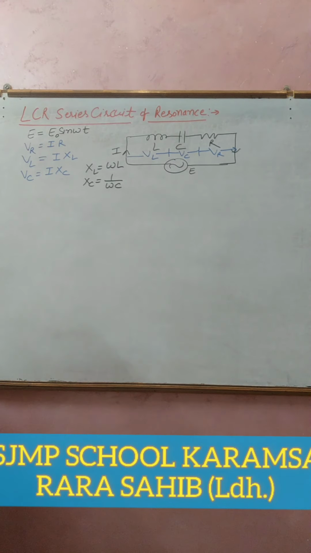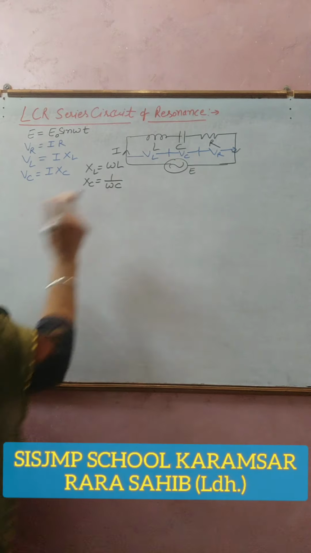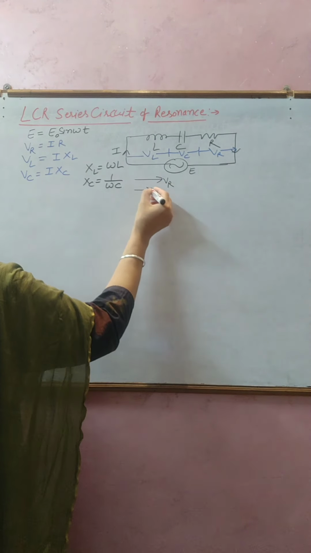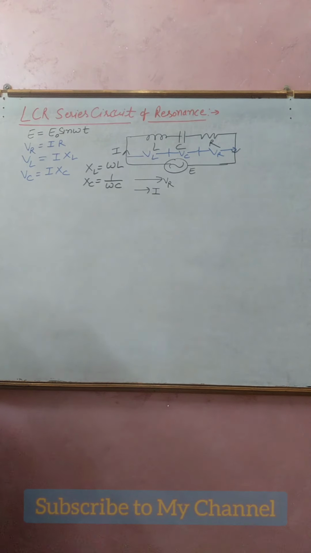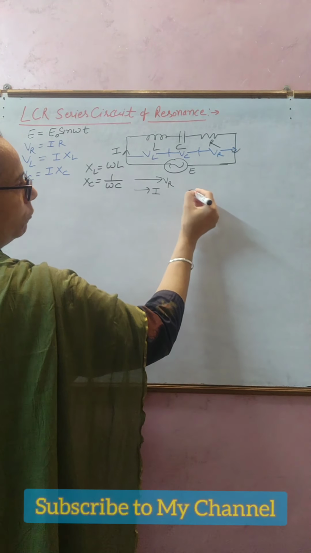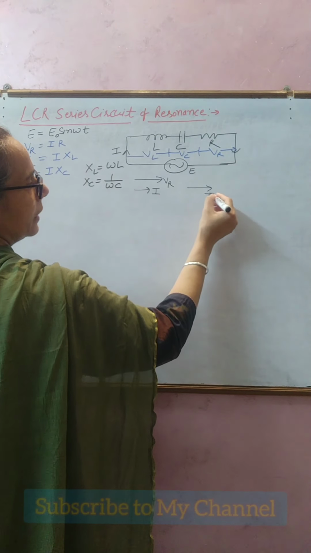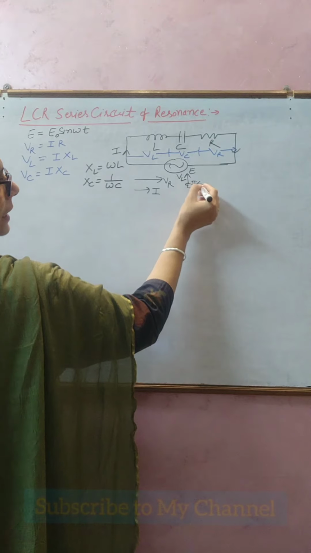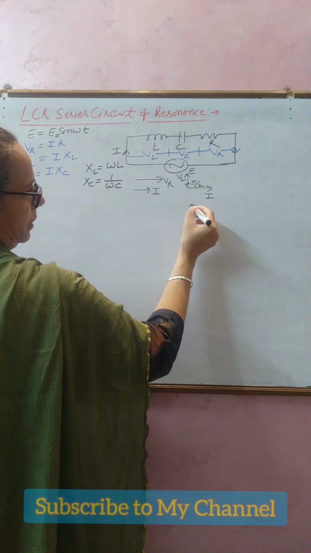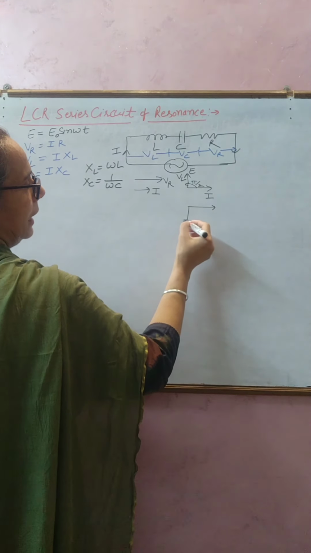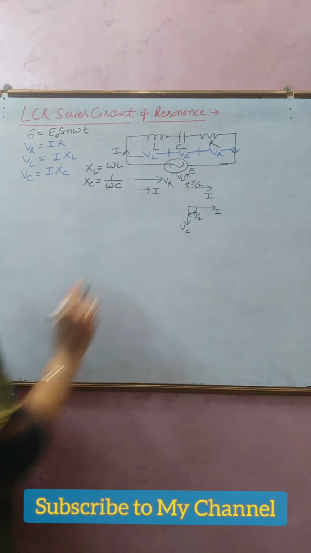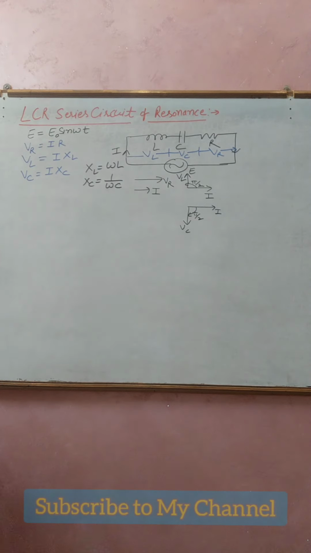We know that when alternating current flows through a pure resistor, voltage and current are in the same phase. In a pure inductor, voltage leads the current by phase angle pi by 2, and in a capacitor, voltage lags the current by phase angle pi by 2, when the alternating current flows through each individually.